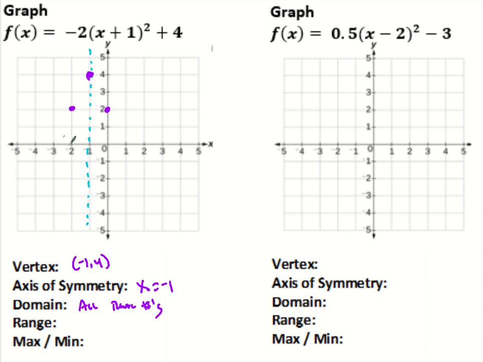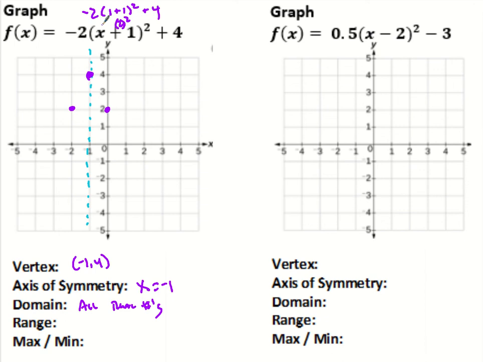So I need to look at which values I want to plug in. My options are -3, because that's the next value over, or 1. Let's just plug in +1. This is where you're actually going to have to do a little bit of math. I plug in 1 for x, and I'm trying to figure out what the y value is when x is 1. 1 plus 1 is 2.